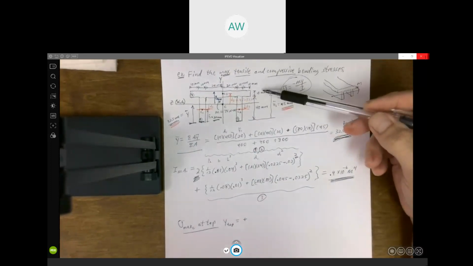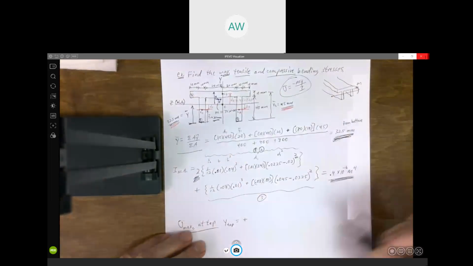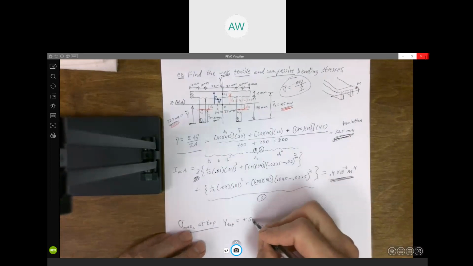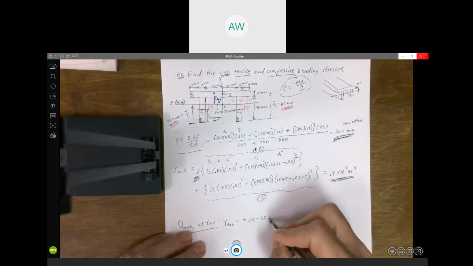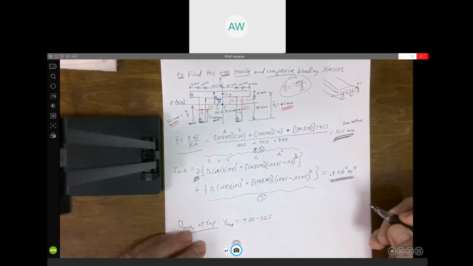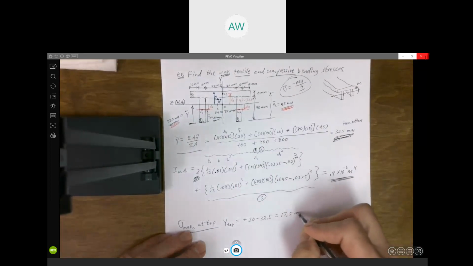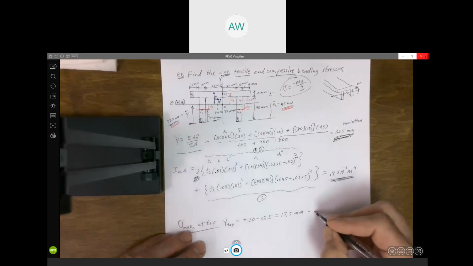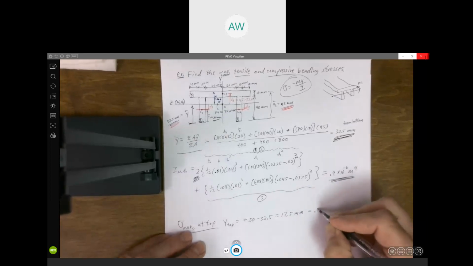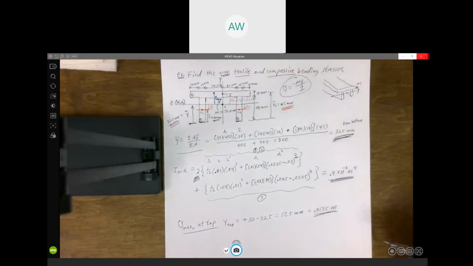Well, it's 50 millimeters tall, and Y bar at the centroid, our neutral axis, is at 32.5, so it'd be 50 minus 32.5, which is 17.5 millimeters, or 0.0175 meters. Again, we want everything in meters when we plug in this formula.